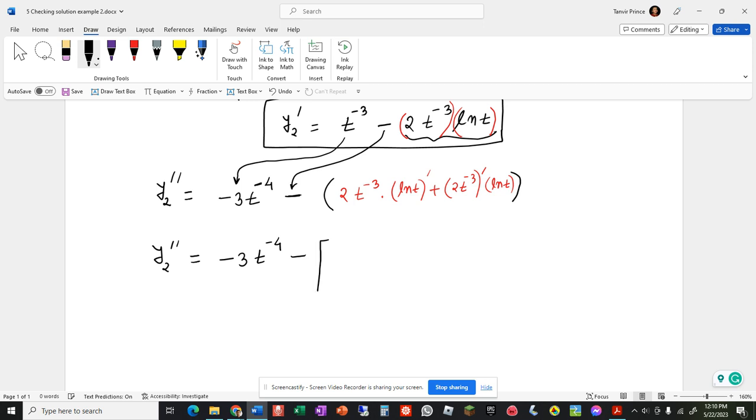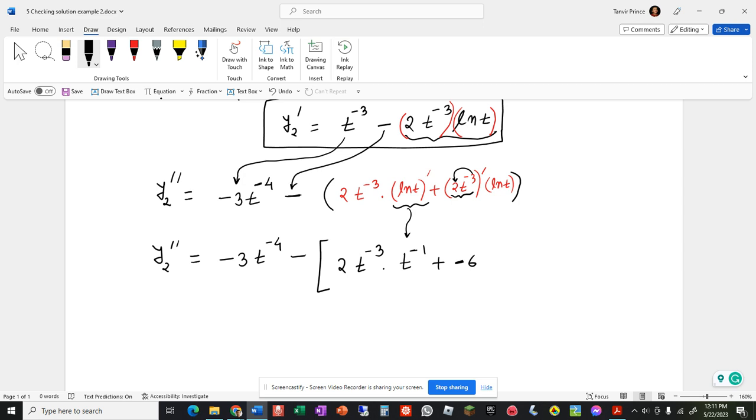So let's actually take the derivative now. So it's 2t to the power negative 3, I copy. The derivative of ln of t is 1 over t, or I'm going to actually write t to the power negative 1. Plus, now the derivative of 2 times t to the power negative 3 is negative 6, because you multiply negative 3 and 2.